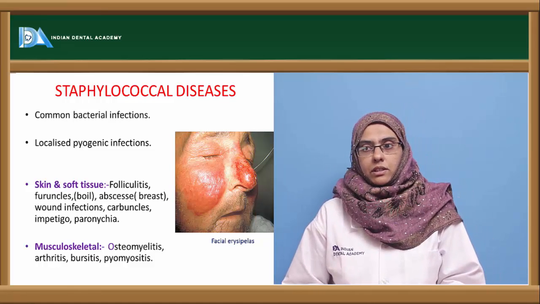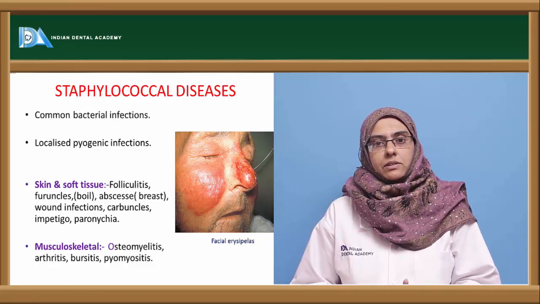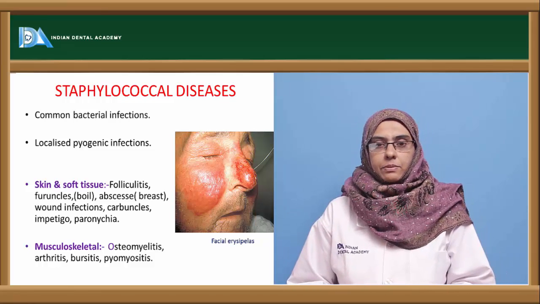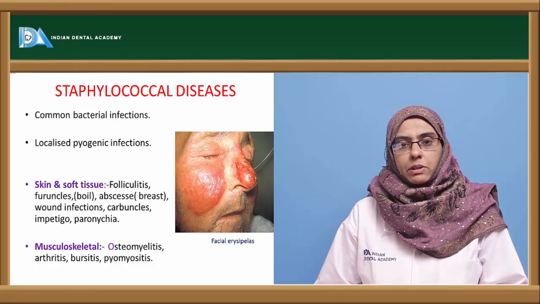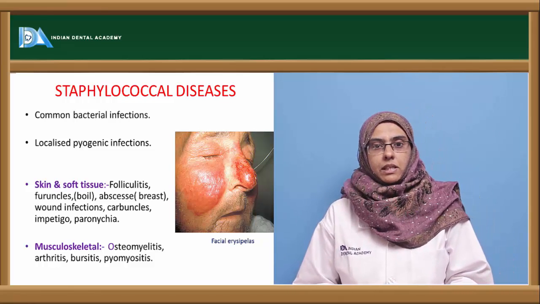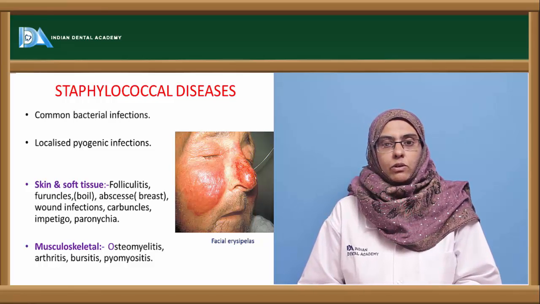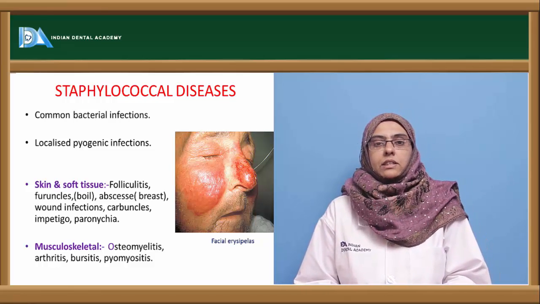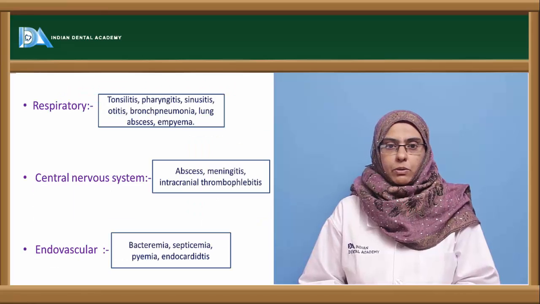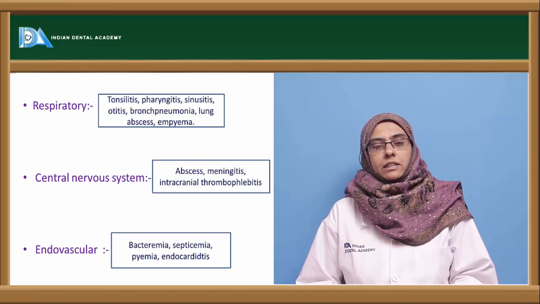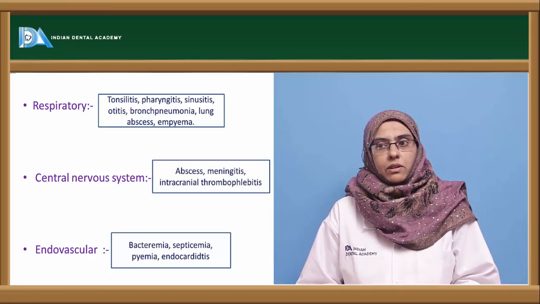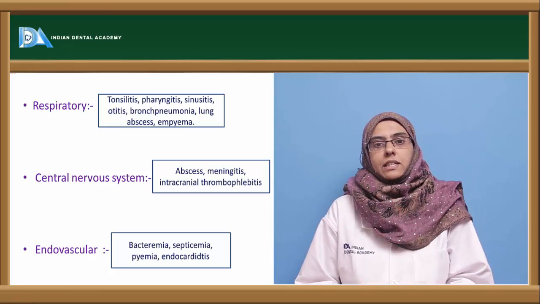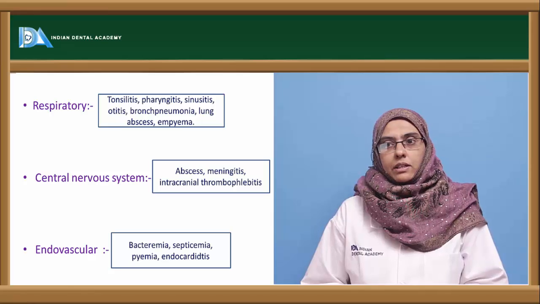First and foremost are the skin and soft tissue infections caused by staphylococci. This includes folliculitis, carbuncles, furuncles, abscesses, impetigo or paronychia. Next is musculoskeletal, involving the muscles and skeleton, which can lead to osteomyelitis, arthritis, bursitis and pyomyositis. Next are the respiratory diseases associated with this organism: tonsillitis, pharyngitis, bronchopneumonia, sinusitis.